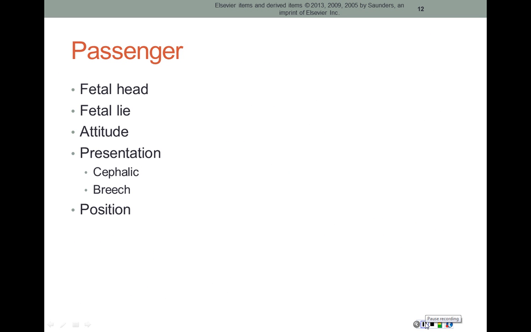So position, if you look on page 326, it talks about position, and this really is talking about the location of the fetus by describing the location of a fixed reference point in relation to mom's pelvis.